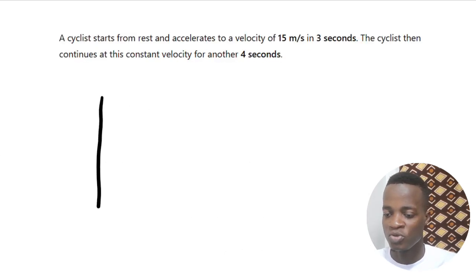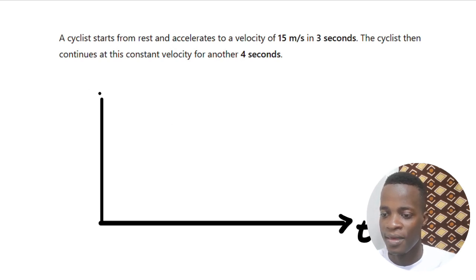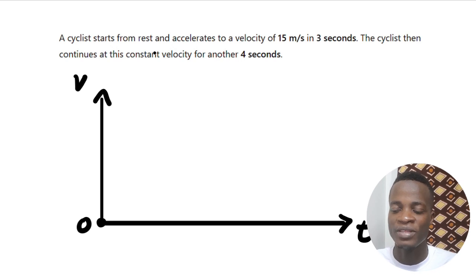So I'm going to draw my horizontal line, right? That's the vertical line, now the horizontal line. So I'll do T here and I'll do V here. They say a cyclist starts from rest, so the initial velocity VI will be 0, and accelerates to a velocity of 15 meters per second.